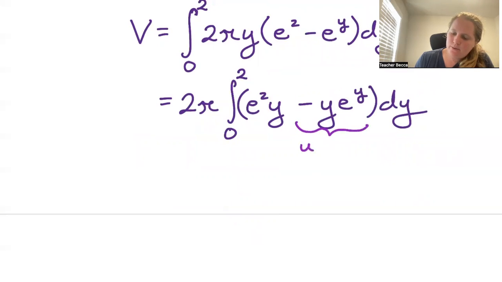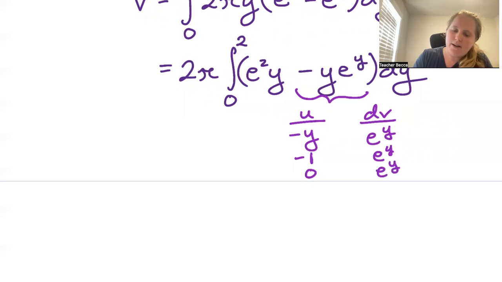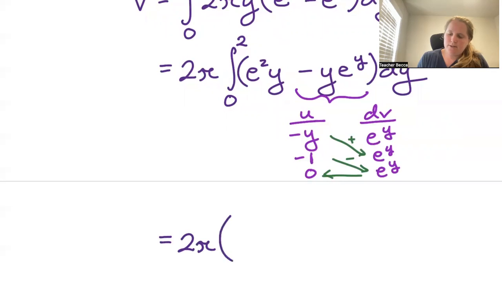If we set our u to be negative y and our dv to be e to the y, then we'll go to negative 1 and 0, and e to the y just goes to e to the y and then e to the y. We take the positive product of the first, the negative product of the second, and add the integral. We wind up getting 2 pi times e squared y going to e squared over 2 times y, sorry, that should be an e squared over 2 y squared. I lost my exponent on the y.